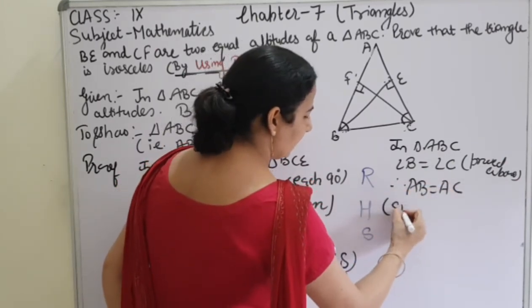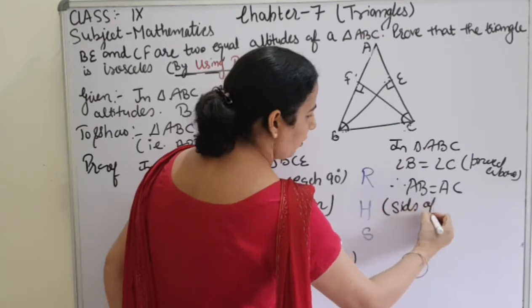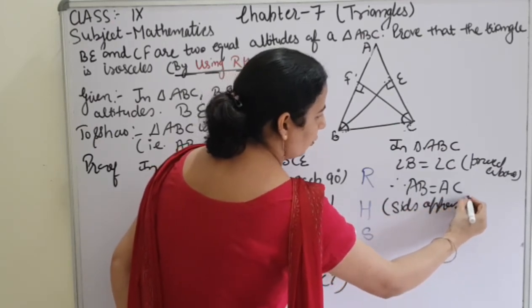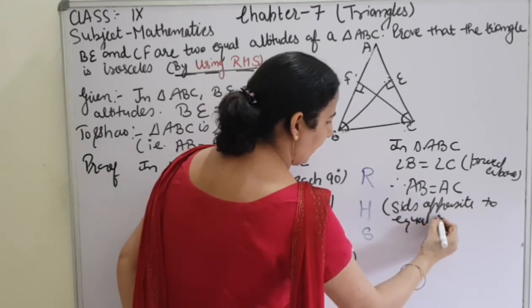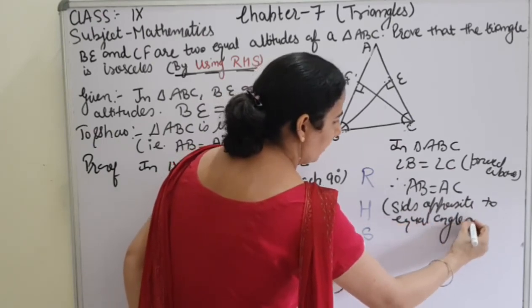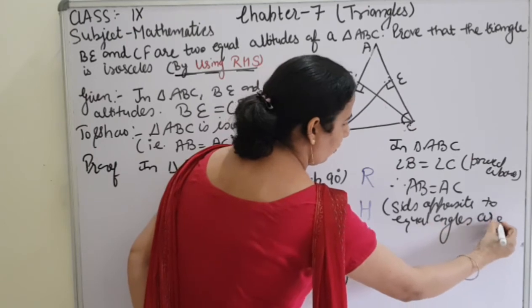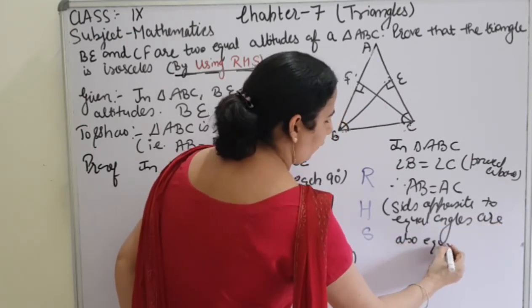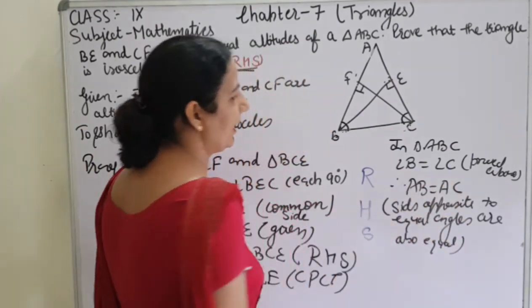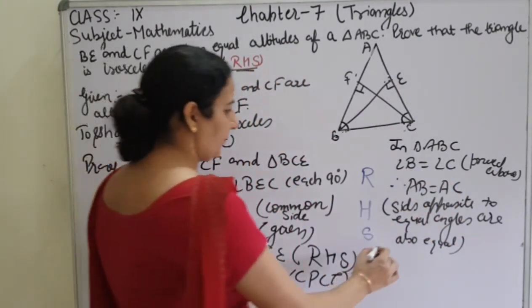Reason: sides opposite to equal angles are also equal. So what we have shown here is that AB is equal to AC.